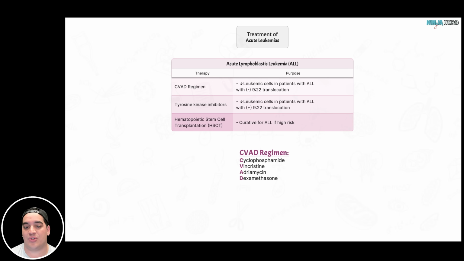If we replace those, they won't have these genetic predispositions with the 12;21, the 9;22, the trisomy 21, all of these mutations that they've encountered. You're giving them normal stem cells that can differentiate and proliferate into normal red cells, normal white cells, normal platelets, etc. That would be the goal, but we only do this in patients who really have that high risk. They're basically on chemotherapy and they potentially are suitable for getting a bone marrow transplant.